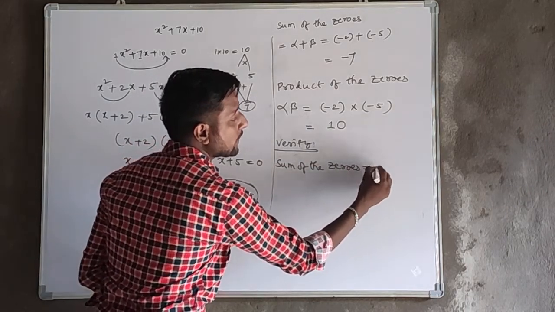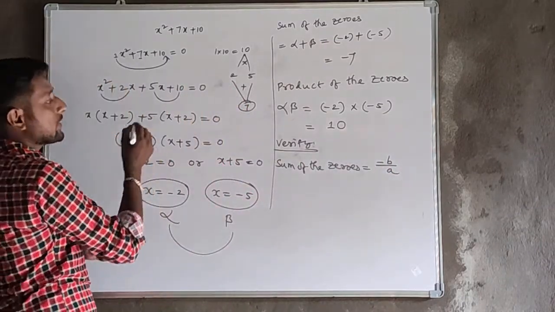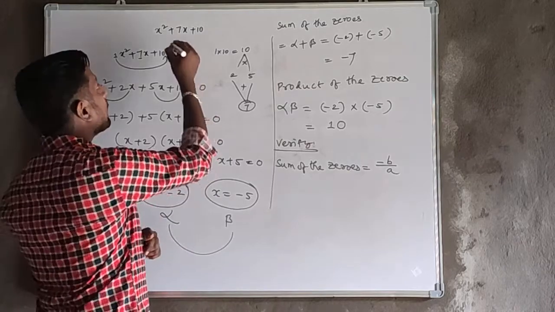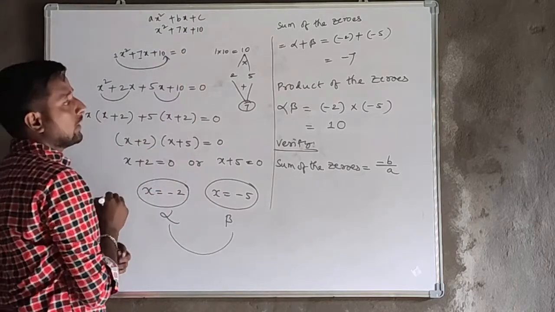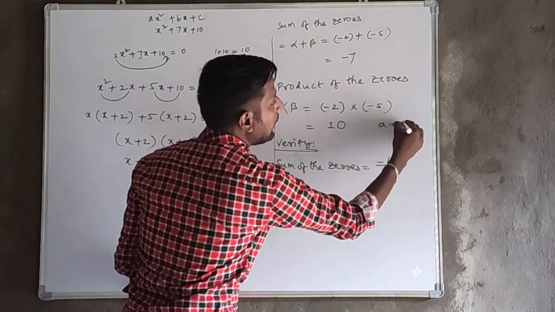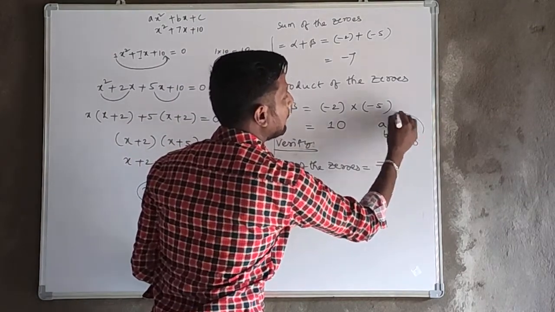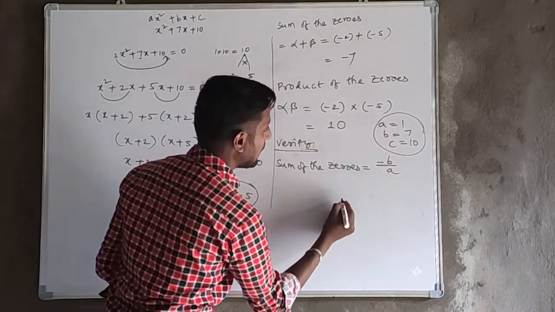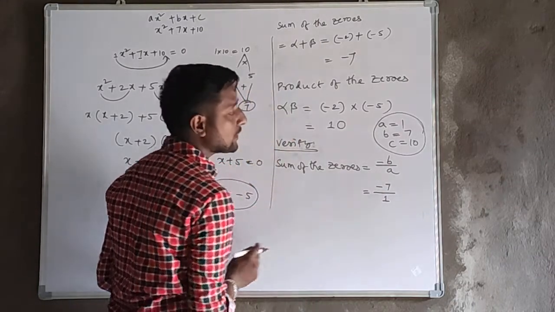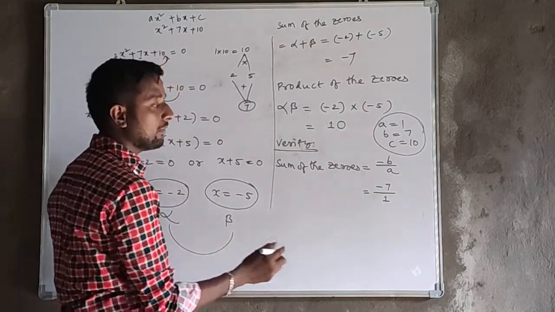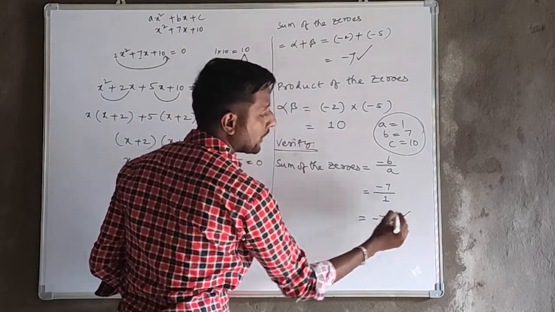Sum of the zeros formula is minus b by a. Now compare the equation with ax square plus bx plus c. So a value is 1, b value is 7, c value is 10. So minus b by a is minus 7 by 1, which is minus 7. We got minus 7.